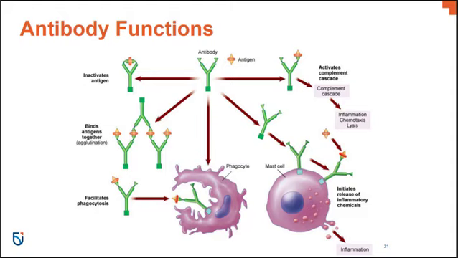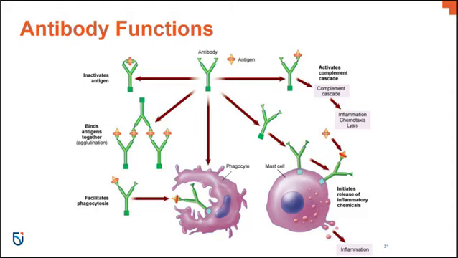The function of antibody molecules is to produce antibody-mediated immunity, which we know is a type of immunity also called humoral immunity. I mentioned earlier that humoral refers to fluids, and this type of immunity occurs within the plasma, which is one of the body's humors or fluids.